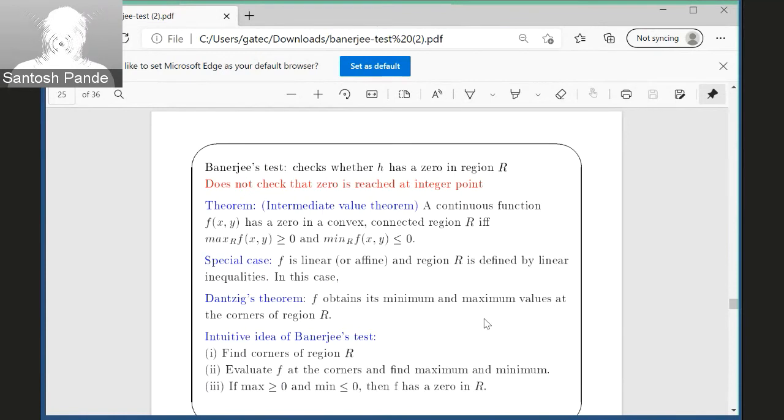So procedurally, we'll take this function, find its maximum and its minimum, and then if zero lies between the maximum and minimum, then f will have a zero in R, and we are guaranteed that there is a real solution.